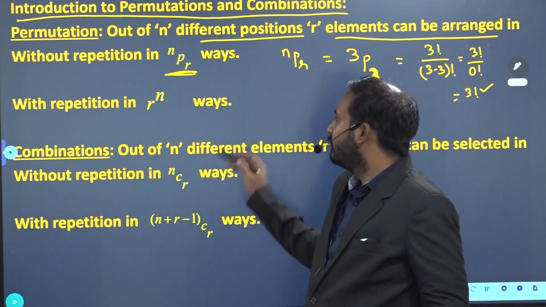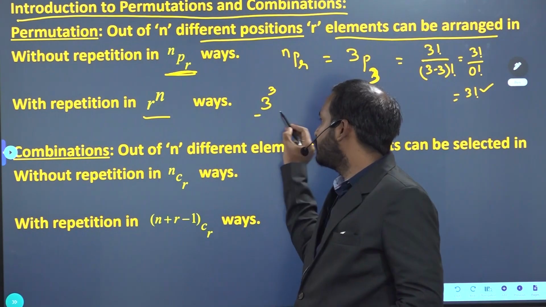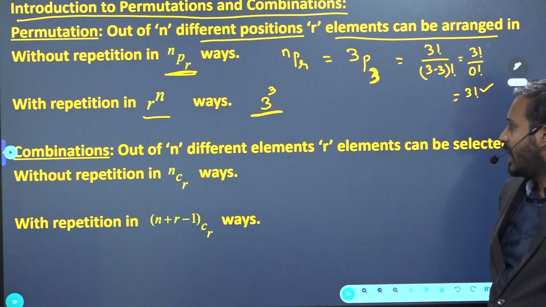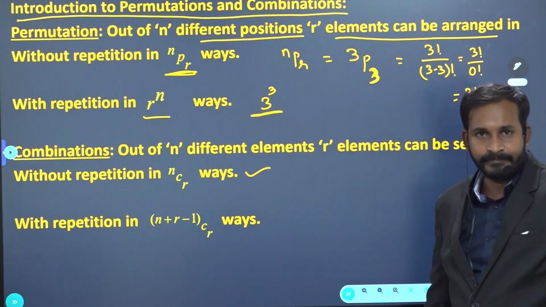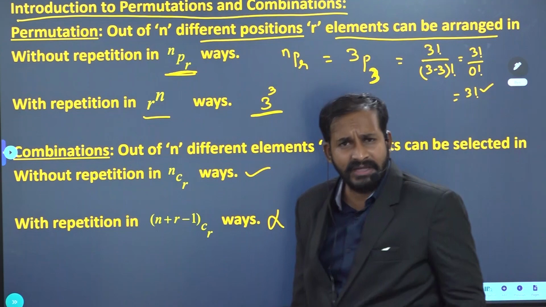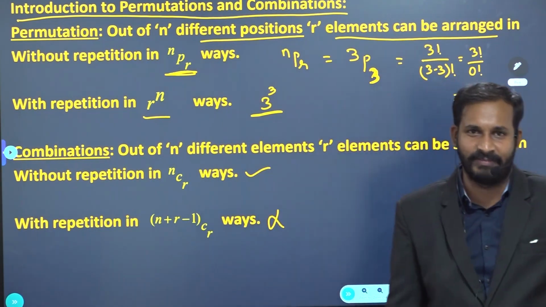Okay, right? With repetition, just now we have seen what we got, 3 cube. So here also the same thing, 3 cube, r to the power of n. And when it comes to combinations, the same thing, we will use NCR. With repetition in combinations is very rare, students. To be frank, they are not going to ask this with repetition. Why?